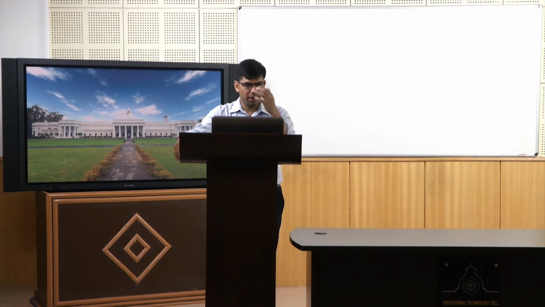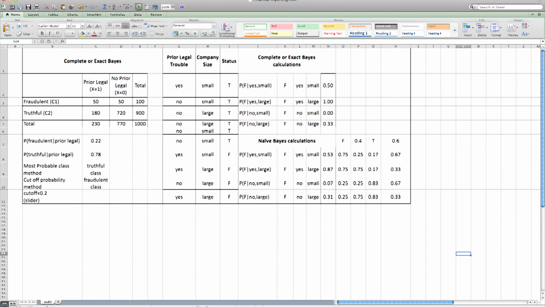We already have the information related to the probability of different classes, whether fraudulent or truthful. So we have 0.22 and 0.78. If we look at the higher number, it being 0.78, then based on 0.78 being the higher value, the new observation would be classified as a truthful report, right, truthful report. So the most probable class method would lead to this conclusion.